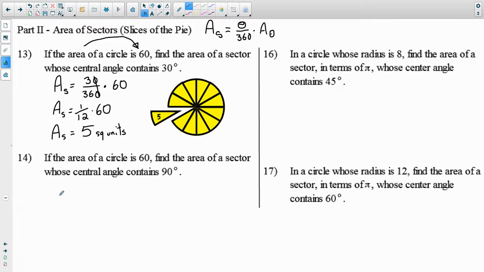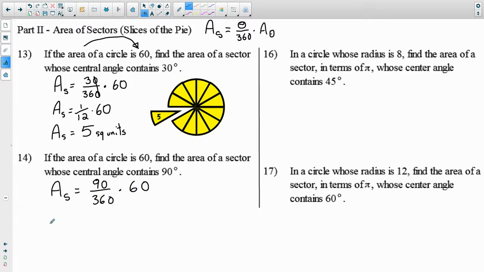So here's another one which is pretty straightforward. Once again, the area of the circle is 60. Find the area of a sector whose central angle is 90 degrees. Well, 90 degrees out of 360, right? That's my angle, times the area, which is 60.